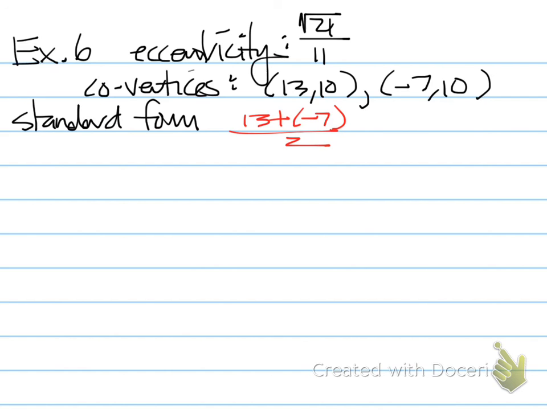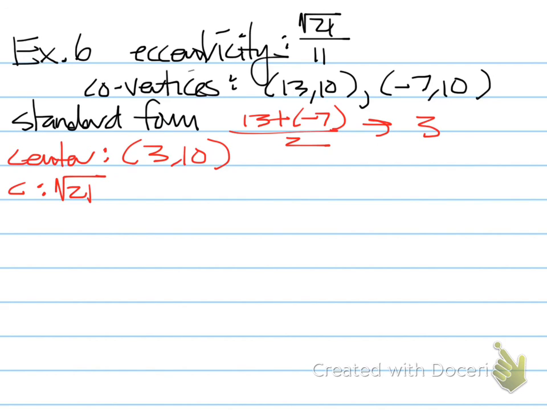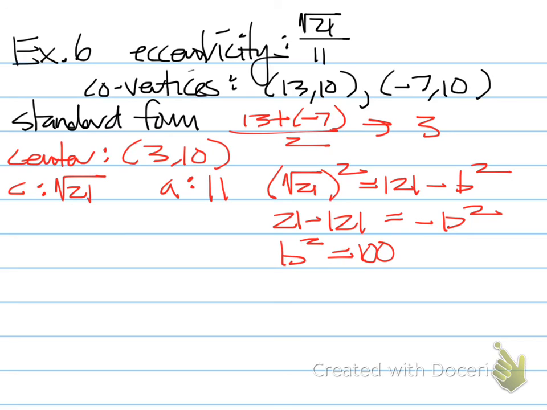So 13 plus negative 7 divided by 2, which is 3. So the x coordinate of the center is 3. The y coordinate of the center is going to be the same as the covertices, which is 10. Again, C is the square root of 21, A is 11. And so now we can calculate B, since C squared equals A squared minus B squared. So B is going to equal the square root of 100, or 10.